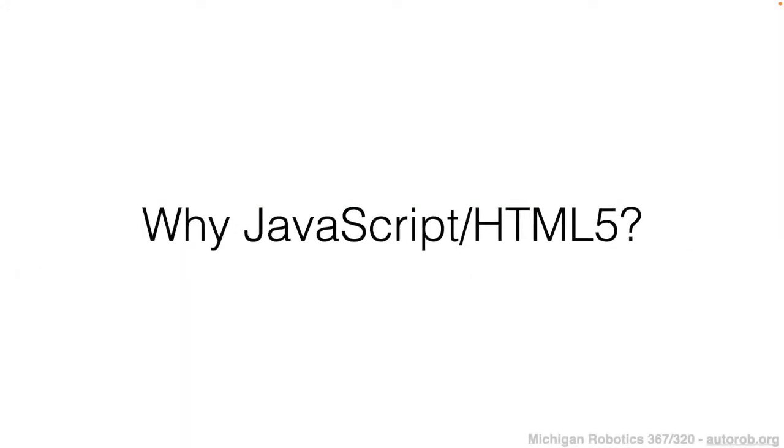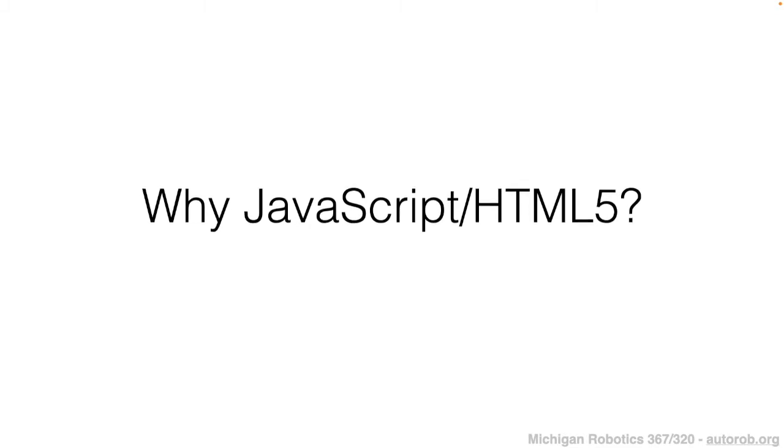And so with that, in addition to the ability to view the results in a browser, you might be asking, why really are we using JavaScript? If you're coming from a pure C++ background maybe, or a pure MATLAB background, JavaScript might be a little bit unfamiliar. So we want to spend a little bit of time motivating our use of JavaScript in this course.